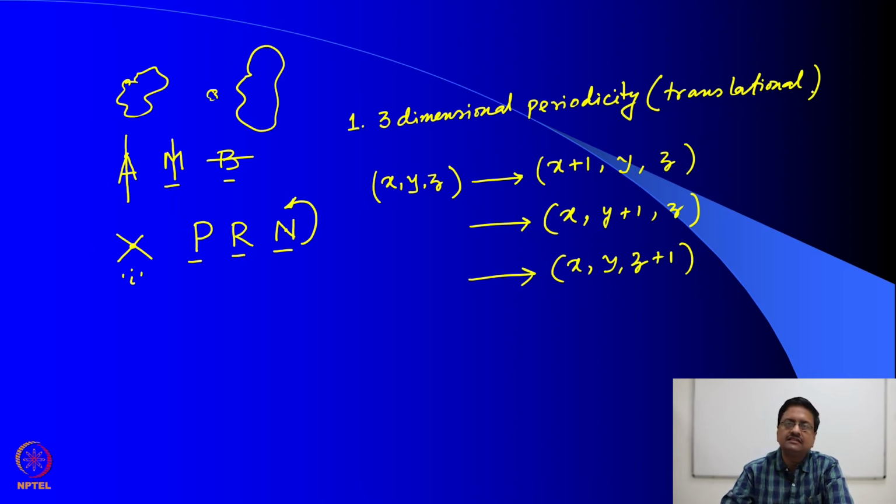Because of this translational periodicity being implemented, there comes a certain number of restrictions, and those restrictions will lead to restrictions in the number of crystallographic symmetry elements and the point groups that can be considered in case of crystallographic symmetry.